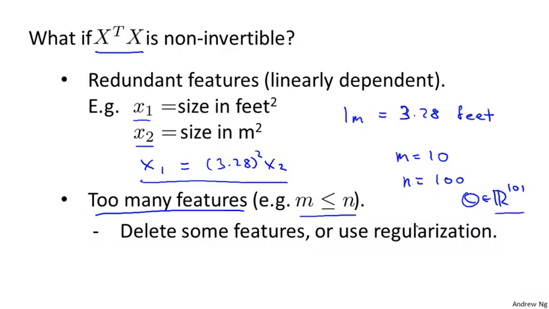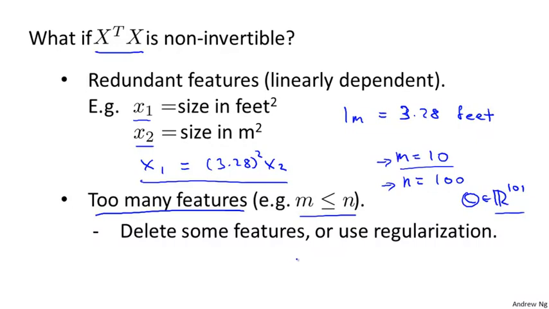You're trying to fit 101 parameters from just 10 training examples. This turns out to sometimes work, but not always be a good idea, because you might not have enough data to fit this many parameters. We'll see later in this course why this might be too little data.